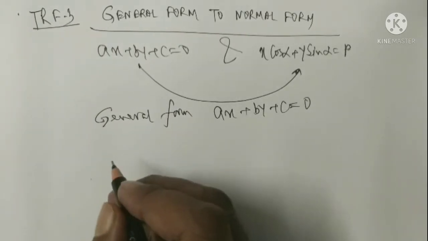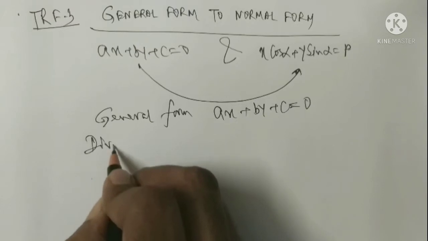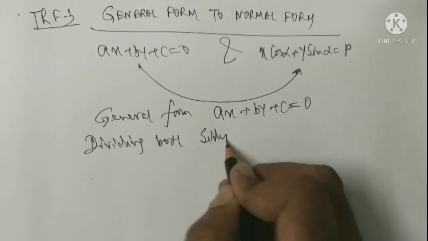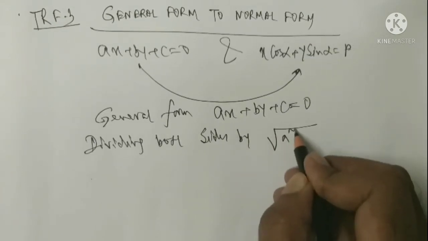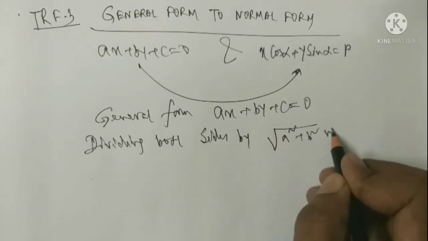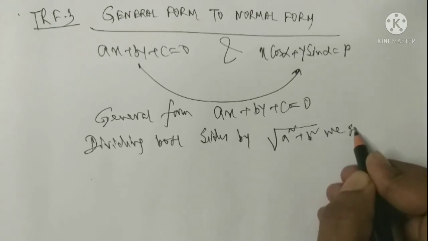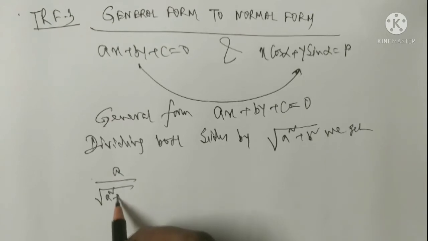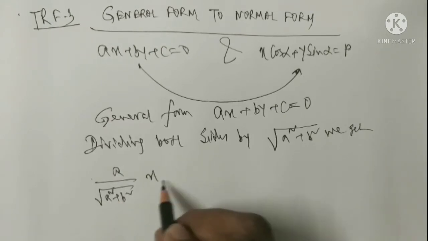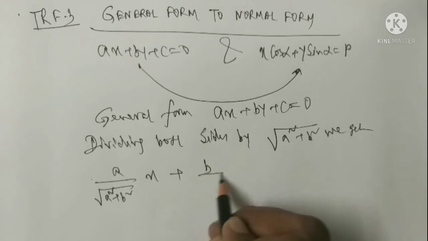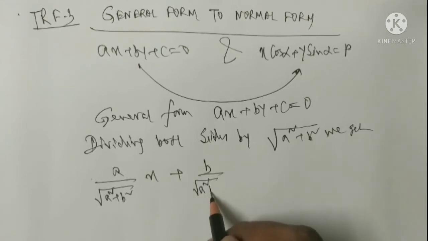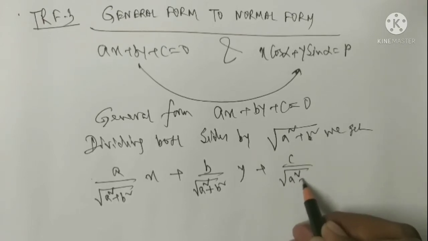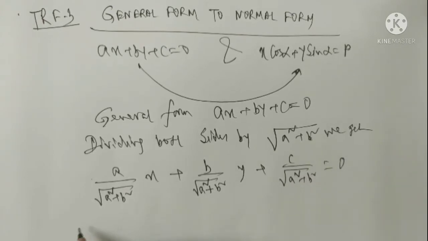Dividing both sides by root over a square plus b square, we get a by root over a square plus b square x plus b by root over a square plus b square y plus c by root over a square plus b square equals 0.